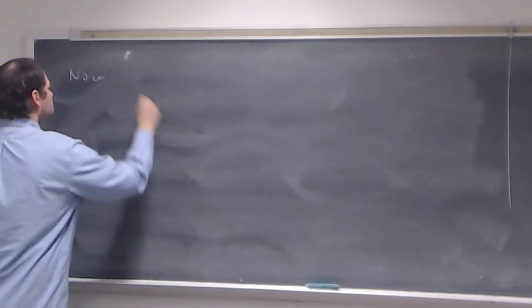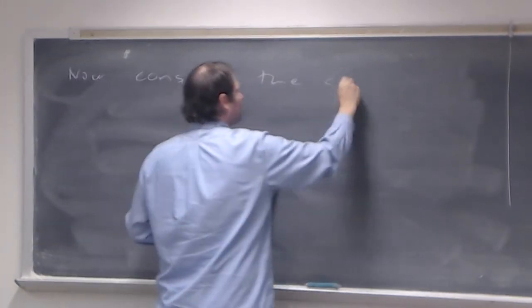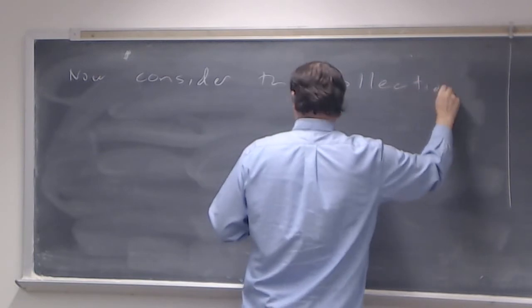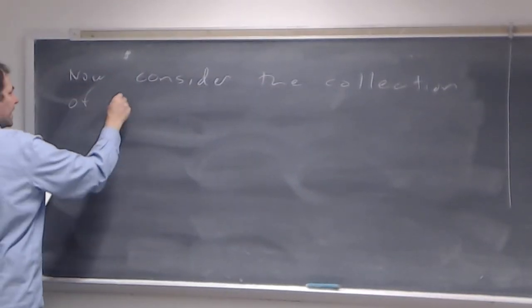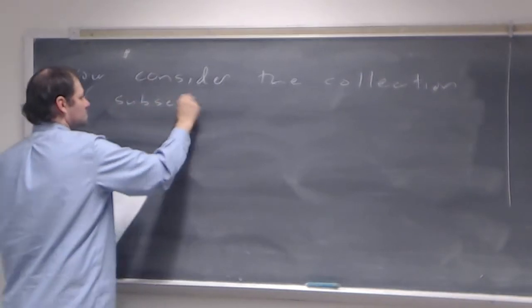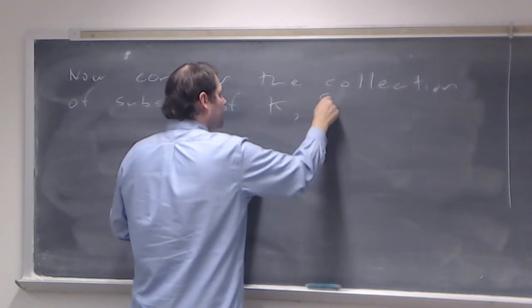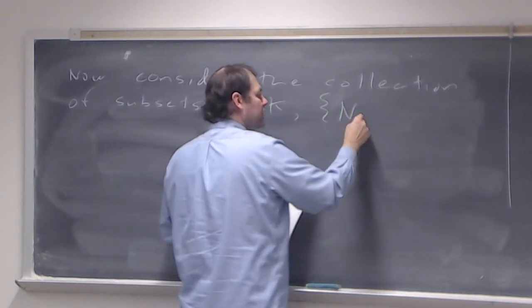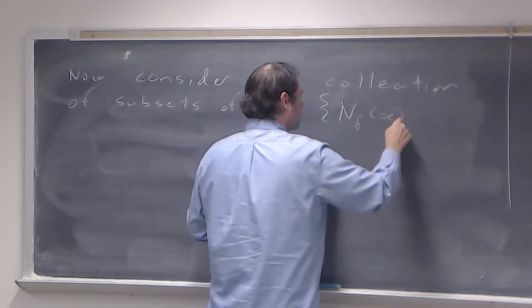Now consider the collection of subsets of K, so these are neighborhoods with radius delta centered at x.